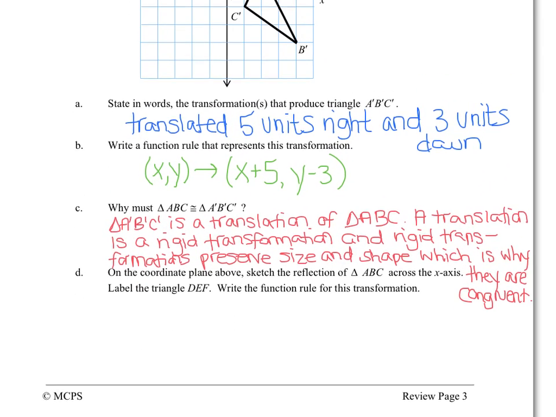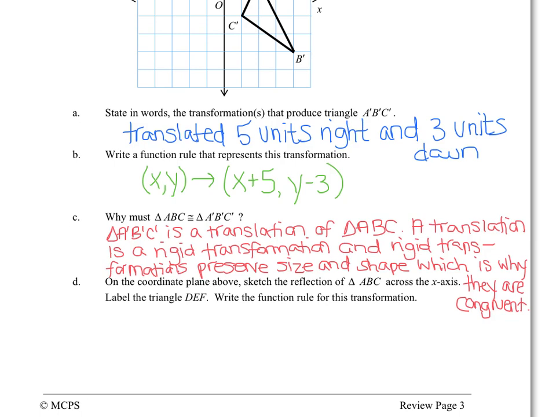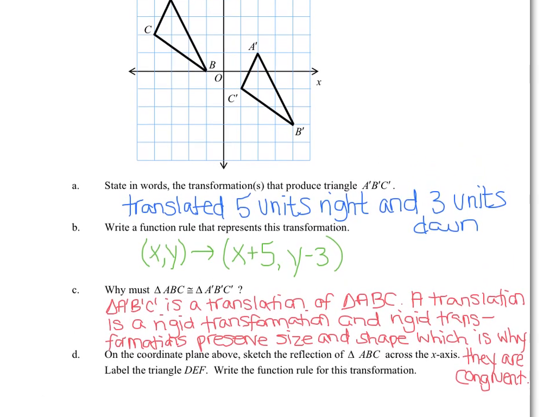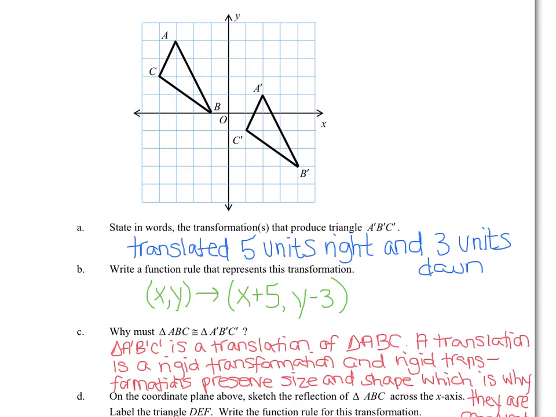All right, finally, on the coordinate plane above, sketch the reflection of triangle ABC across the x-axis. Label the triangle DEF. So they want us to take this triangle and reflect it across the x-axis. Well, remember, a reflection is just the distance from the x-axis, the line which we're reflecting over. So A is a distance of 1, 2, 3, 4 from the x-axis.